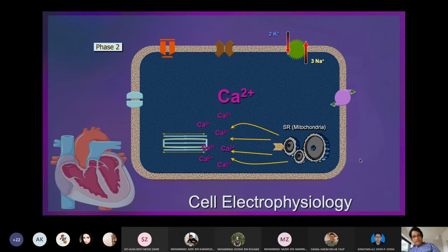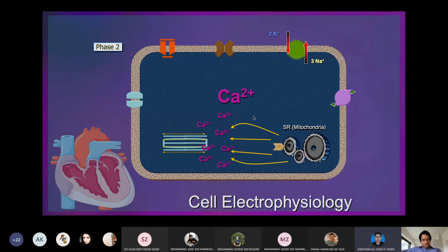Now, from your physiology, can anybody tell me the relationship between intracellular sodium and intracellular calcium? Is there anybody who can explain that?